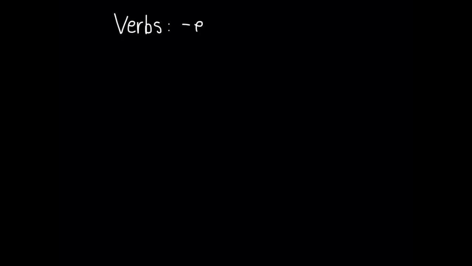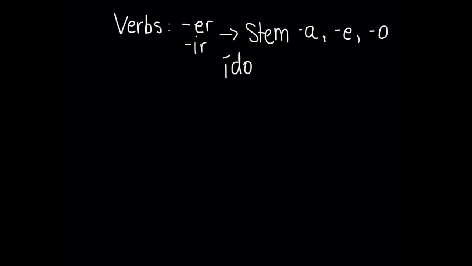Verbs that end in ER and IR, but whose stem ends in A, or O, need an accent on the E in the past participle.